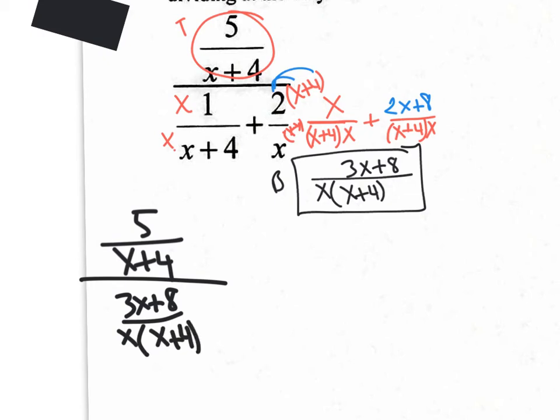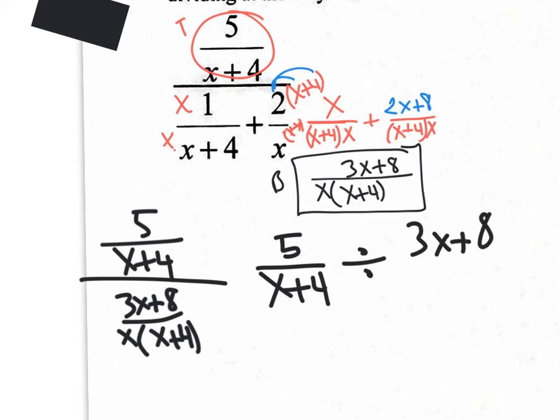Now, this looks complicated because it's written vertically, but I'm going to rewrite it horizontally. In other words, instead of looking at it like this fraction divided by this fraction, I'm going to rewrite it horizontally and say 5 over x plus 4 divided by, with the division symbol, the 3x plus 8 over x times x plus 4.